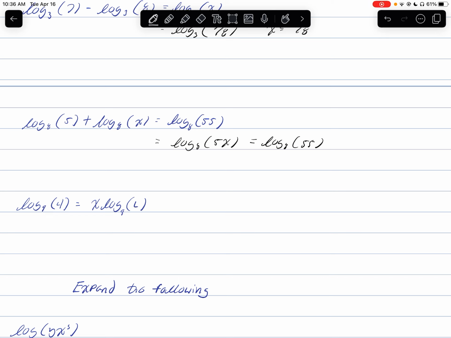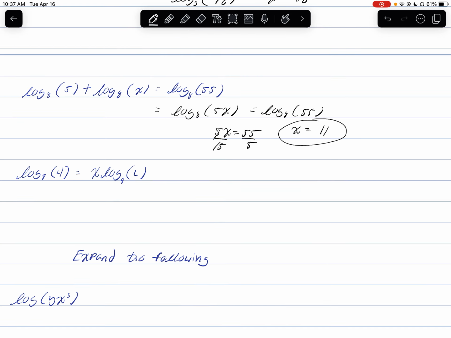So we have log base 8 of 5x is equal to log base 8 of 55, so we can infer that 5x is equal to 55. Dividing both sides by 5, we get x is equal to 11. So log base 8 of 5 plus log base 8 of 11 gives us log base 8 of 55.